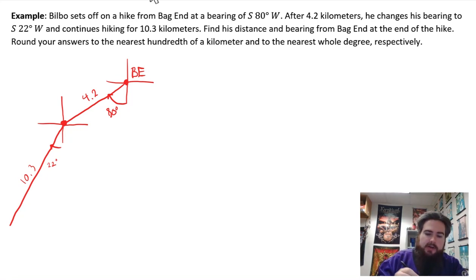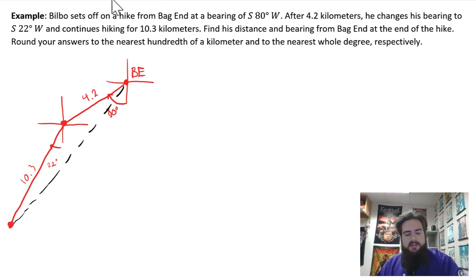Our goal here is to find the bearing from Bag End and the distance from Bag End. So we want to find this distance here to where we ended up at the end of this hike, as well as the bearing. Note that we already know that the bearing to the initial direction was 80 degrees.